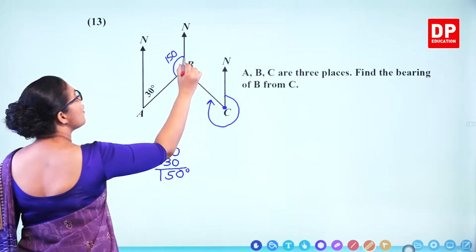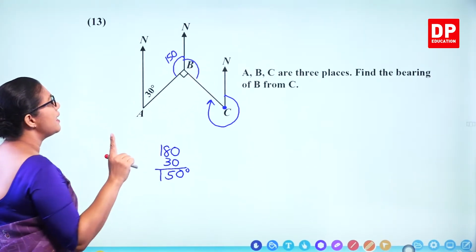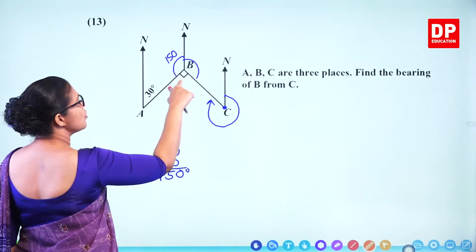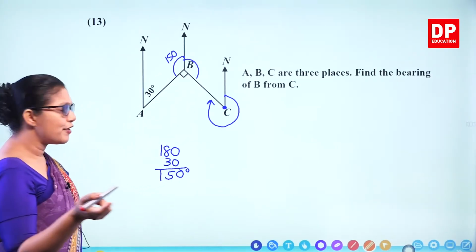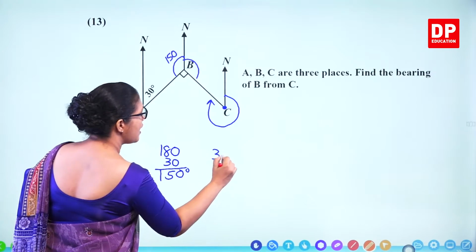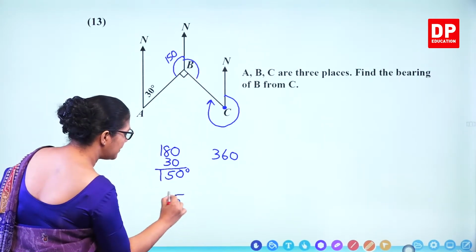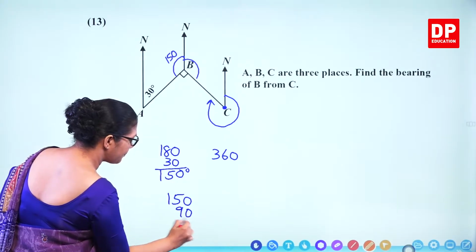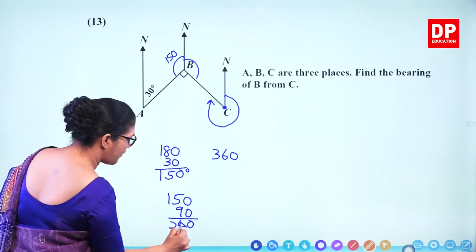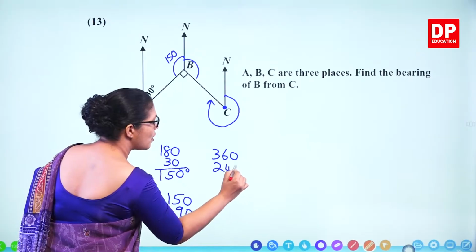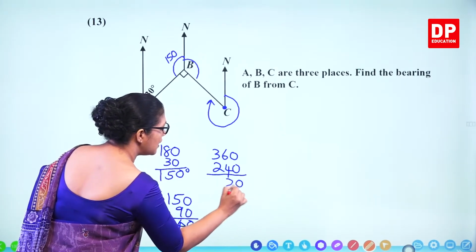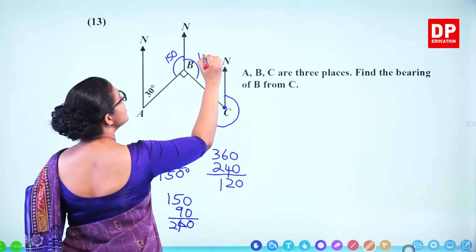Then we can find this angle by taking the addition of these two and subtracting from 360. So 360 minus 150 plus 90. Get 240. So we subtract 240, 120 here.